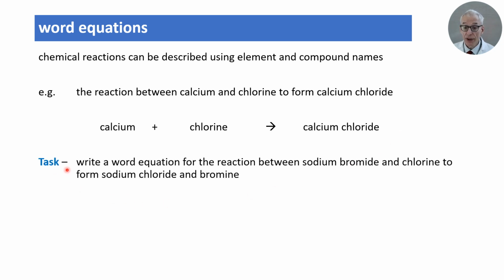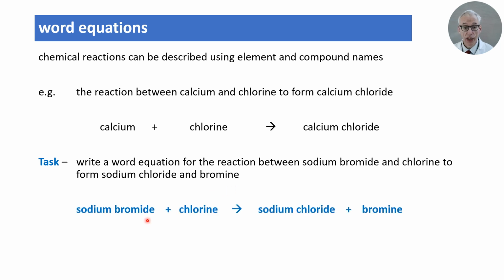Write a word equation for the reaction between sodium bromide and chlorine to form sodium chloride and bromine. Pause, write that word equation, come back to check against mine. So to reveal, we have sodium bromide and chlorine, those are our two reactants, forming our products sodium chloride and bromine.